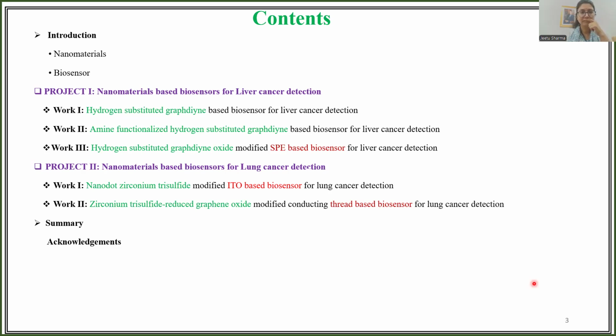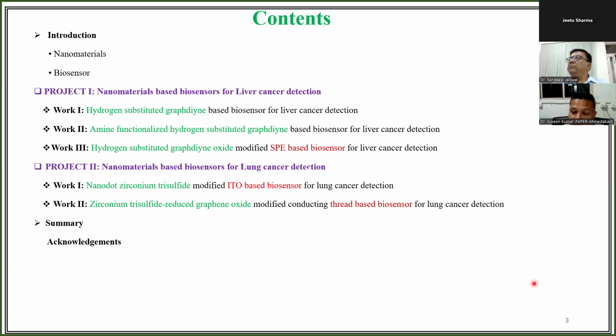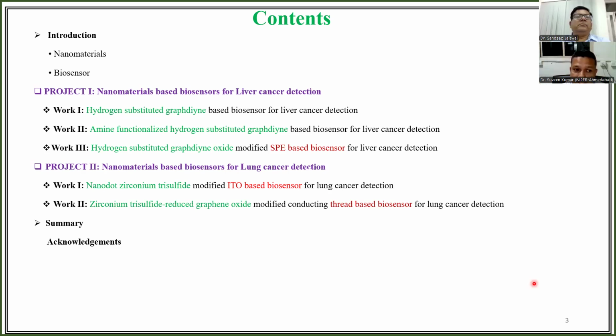In project two, I will discuss nanomaterial based biosensors for lung cancer diagnosis. In the first work, I will discuss nano dot zirconium trisulfide. It is a type of metal chalcogenide that is electrophoretically deposited onto the indium tin oxide coated glass electrode.